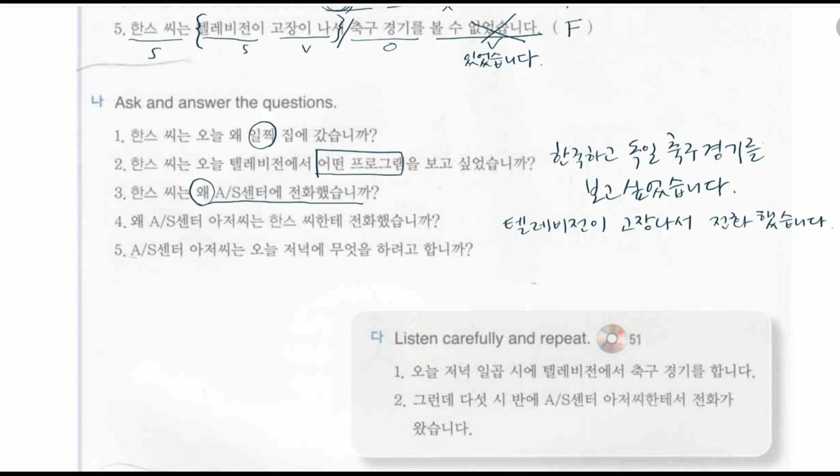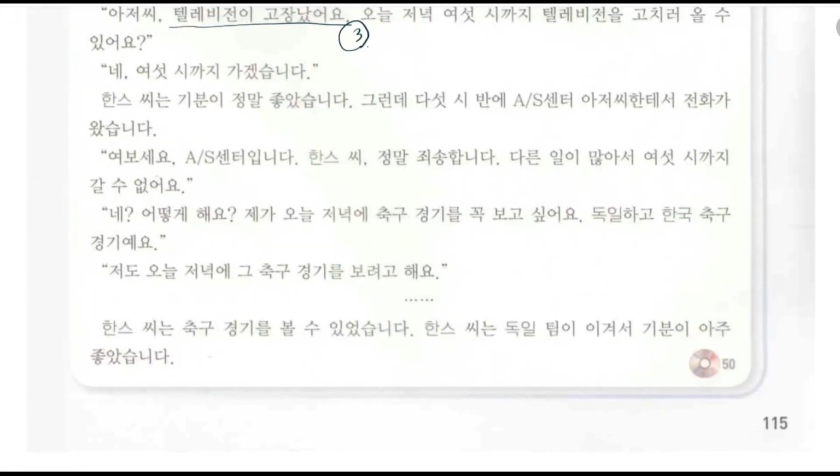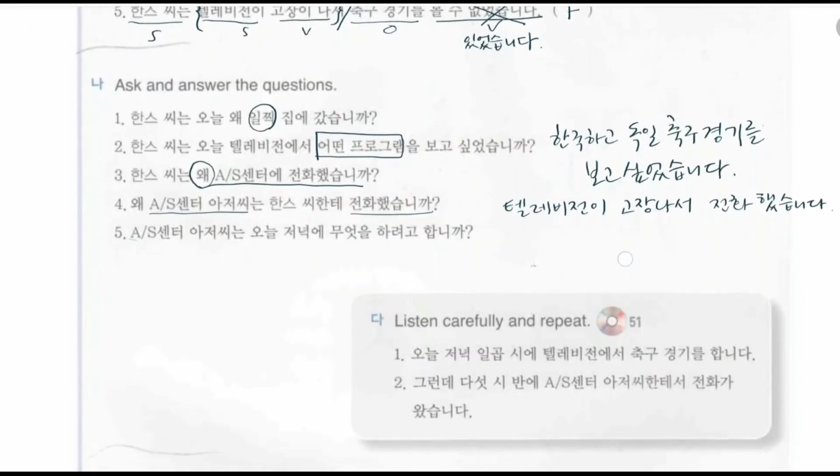좋습니다. 4번. 왜 AS 센터 아저씨는 한스 씨한테 전화했습니까? Why did he call Hans? Why? Because he wanted to say 다른 일이 많아서 6시까지 갈 수 없어요. You can just repeat this bit. Or, how would you say?